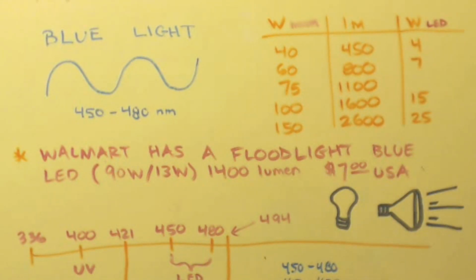You want a floodlight type bulb that looks like this. You still want the kind that screws into a regular light socket, but you want it to be LED like this. That way you can have your reaction right here and shine this directly into the reaction, right?